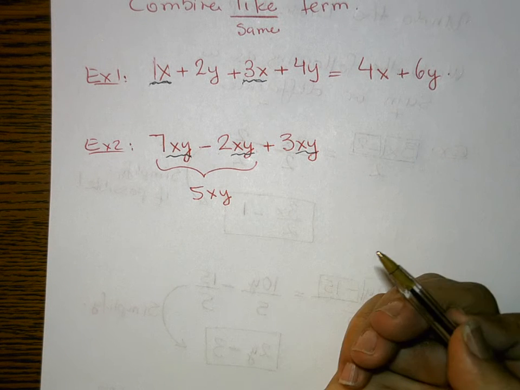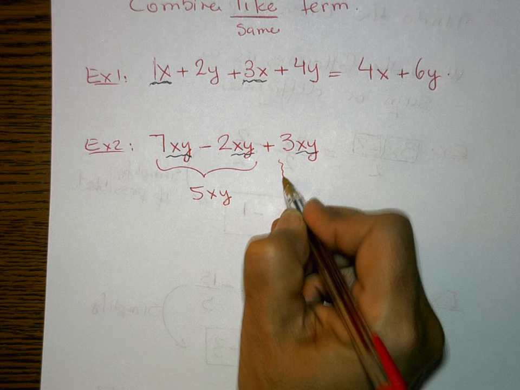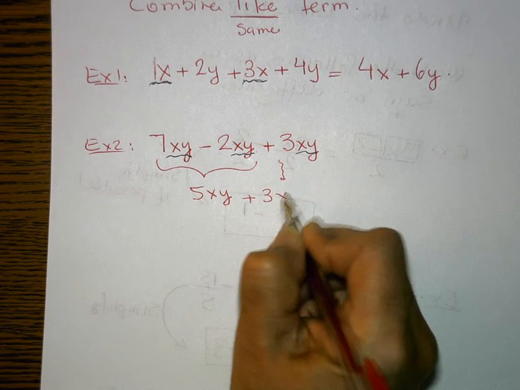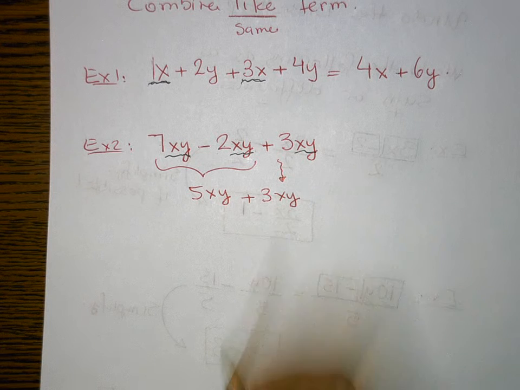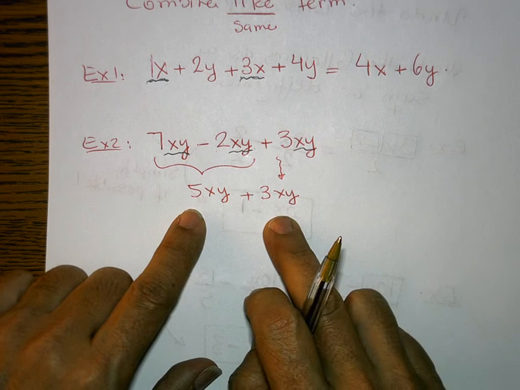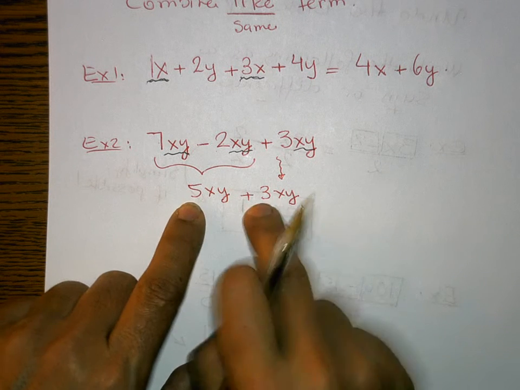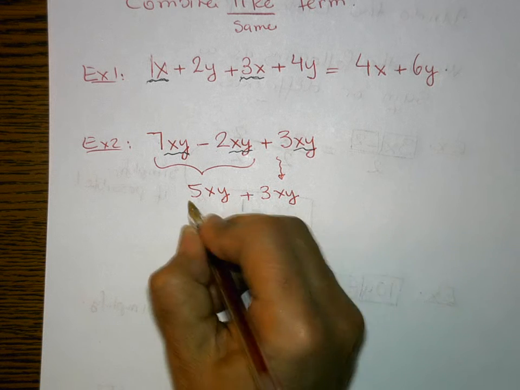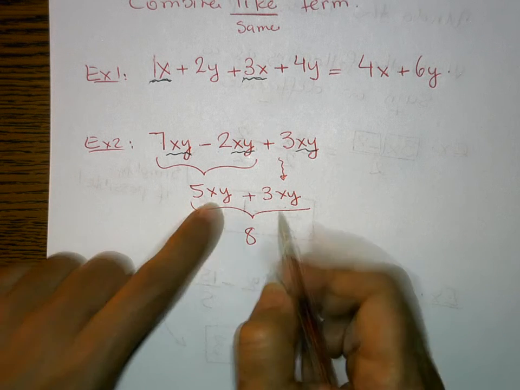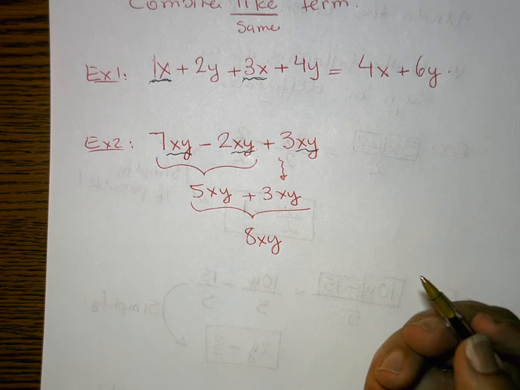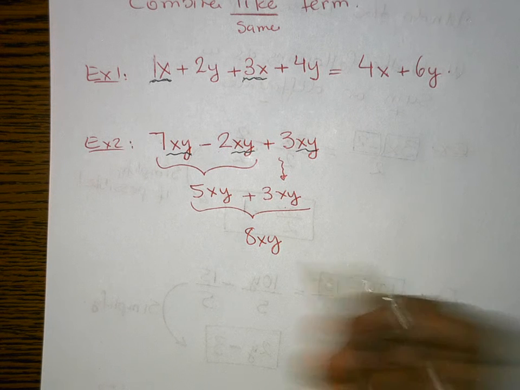Okay, then I bring this guy down, plus 3xy. I just brought it down. And now I only have 2 more to take care of. I have a 5 plus a 3, so I'll combine these 2, and 5 plus 3 is 8 of the xy's. So we have 8xy. Okay, and that is the final answer.